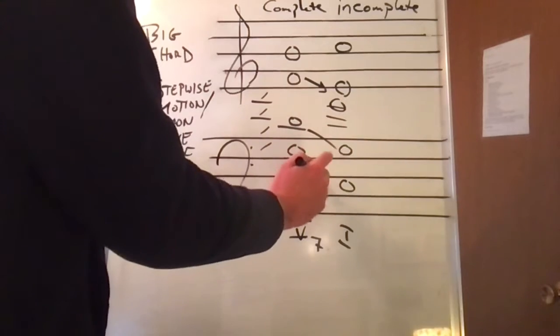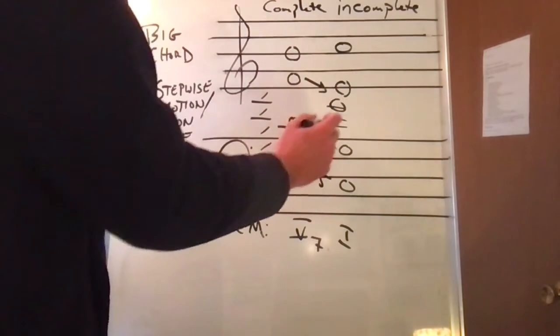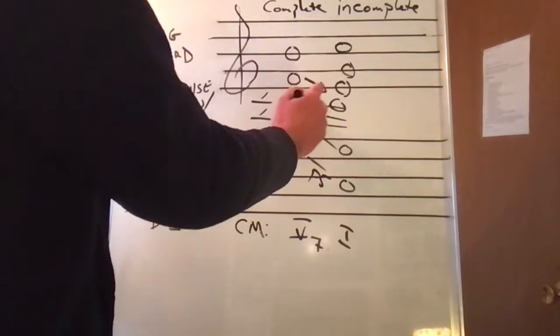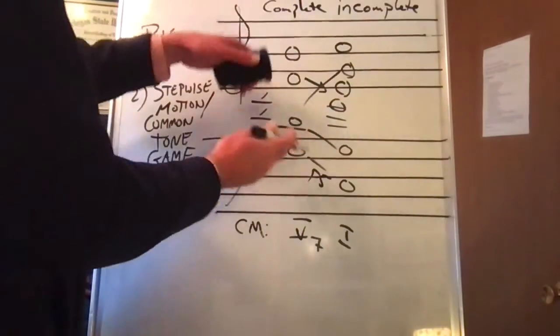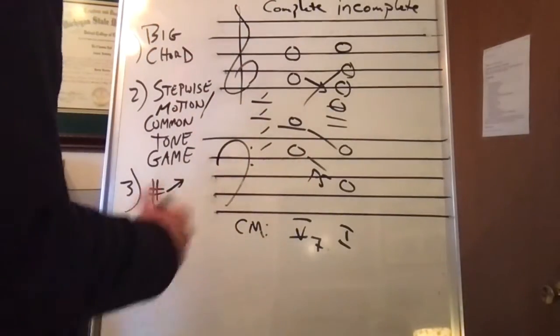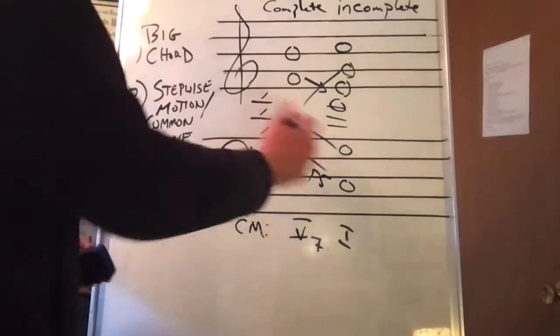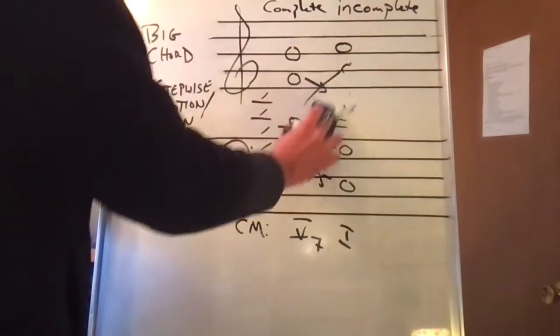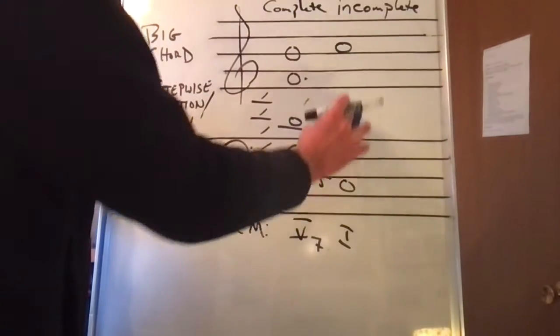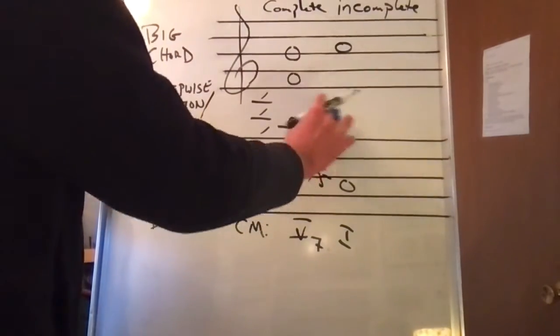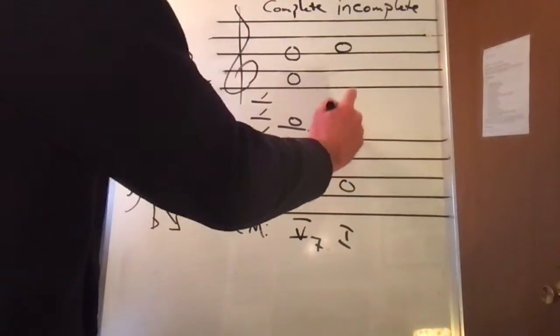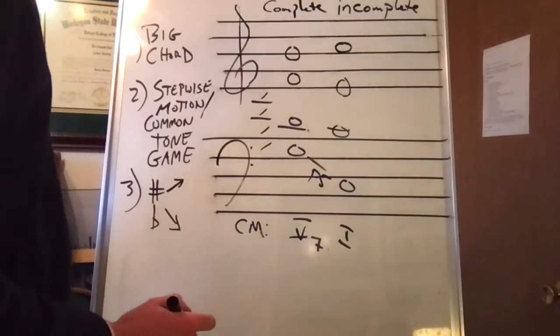You have parallel 5ths this way, and also you would have parallel 5ths even if you go in opposite directions from a perfect 5th to another perfect 5th. That's still parallel 5ths. But also you have a leap, and we don't like leaps. We prefer stepwise motion solutions. So this is why this solution is the best solution.